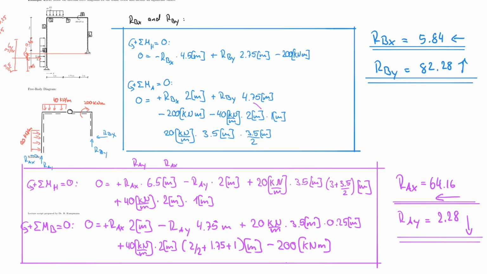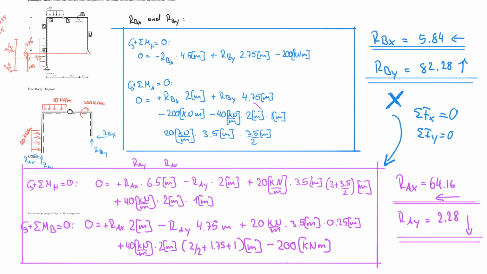But this was the support reactions, and I think this concludes the ways of finding one side or the other. By the way, if I had found only RBX and RBY, then I would not have had to go through all the lengths and solving these equations. I could have just used sum of the forces in X and sum of the forces in Y being equal to 0 to find these other answers.